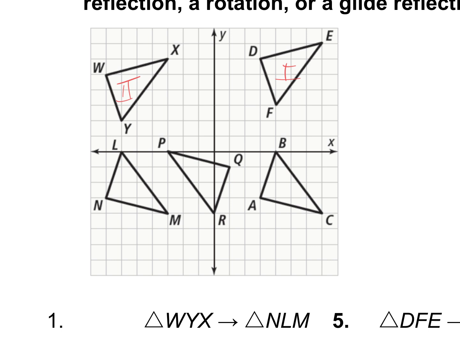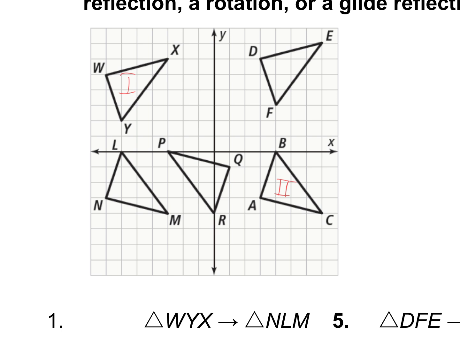Last one here. What is number 6? We're going from WXY to ABC. What do you think? Rotation how? If I did 180 degrees, I'm going to take this Y right here.